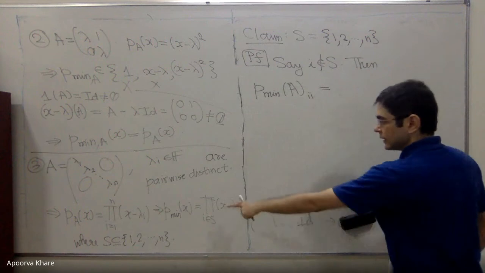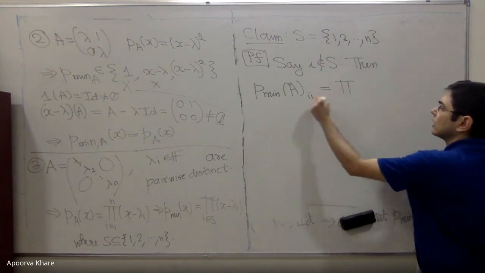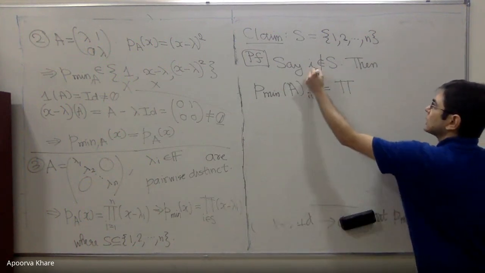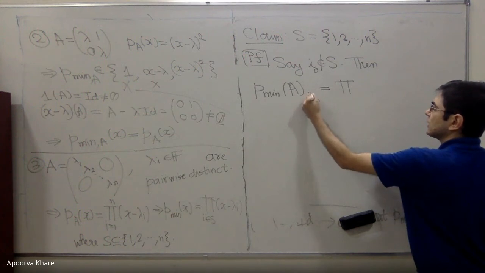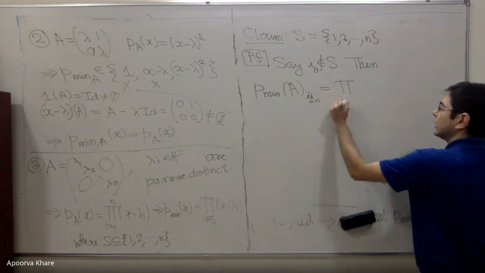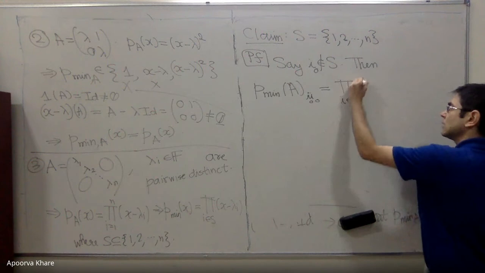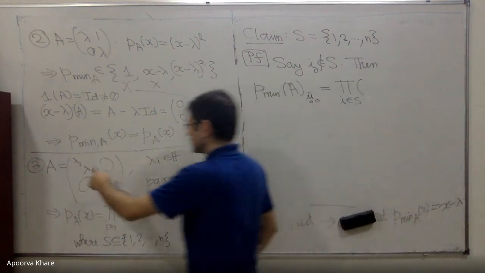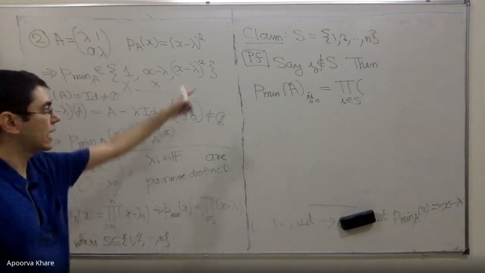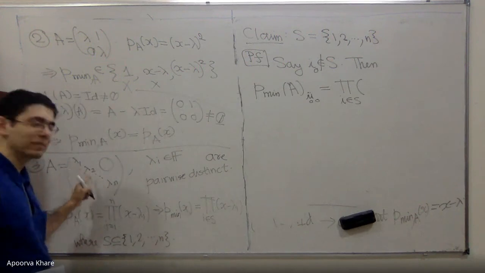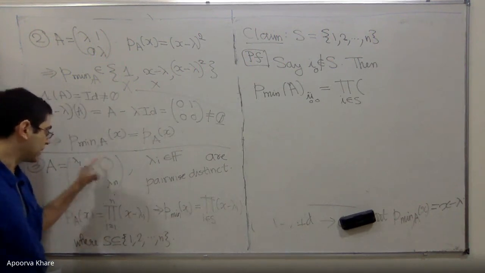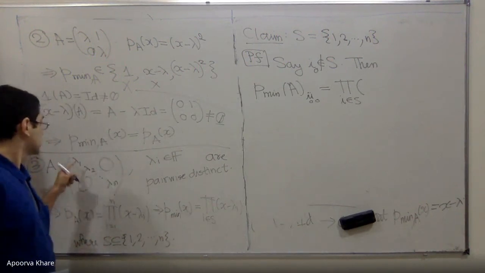What is this? Let's say i naught is not in S. Look at the i naught to i naught entry. It is the product over the entries i in S. Because this is a diagonal matrix, any polynomial just evaluates P of lambda 1, P of lambda 2, P of lambda n, and zeros everywhere else. So what is this thing?